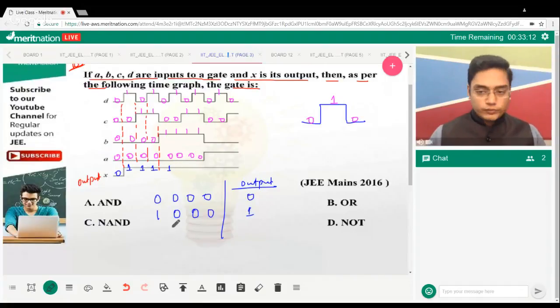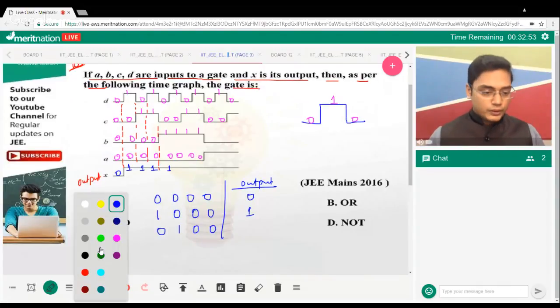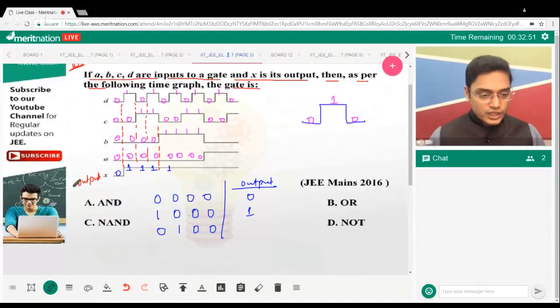Now let's take one more input. This time 0, 1, 0, 0. What about the output this time? Tell me for this, y1, because this is the output now.